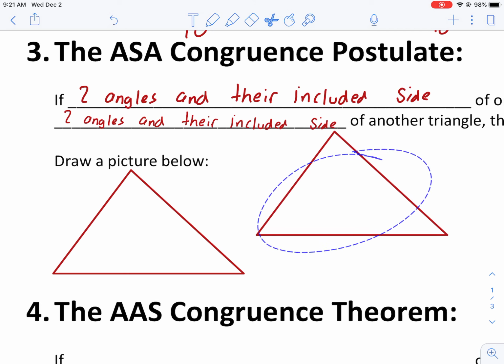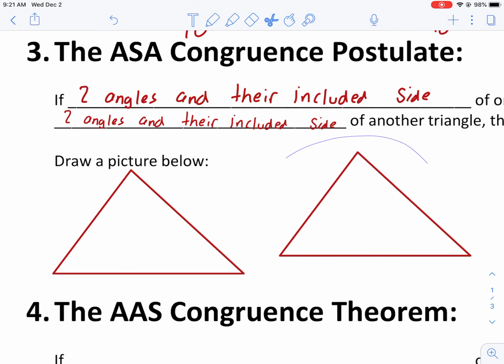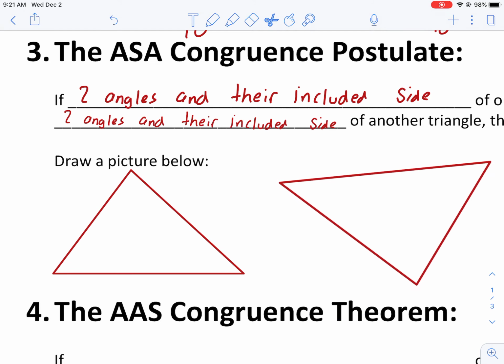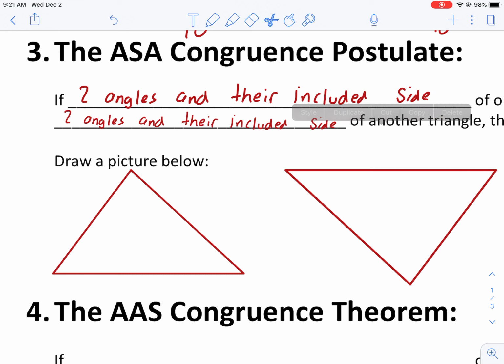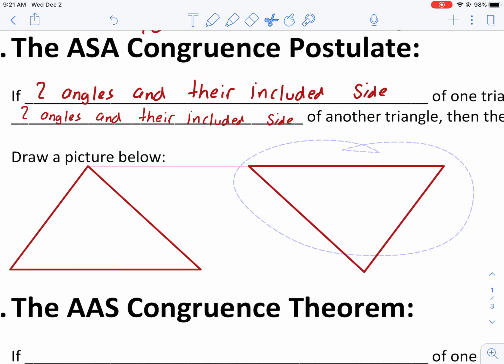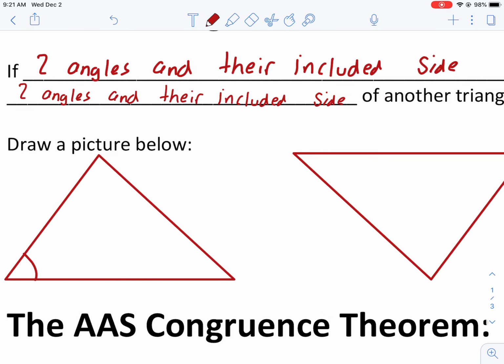Now, it doesn't have to be oriented the same way, all right? Can I spin this around? Yeah. So let's say that it was upside down, like that. Pretend like they're the same size. Okay. And I knew that this was 35 degrees, and I knew that this was 25 degrees, and I knew that this was 8. All right.